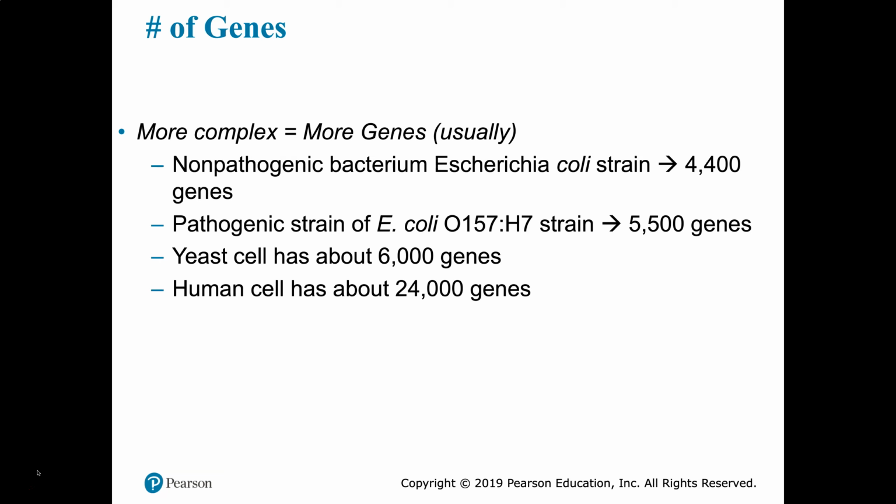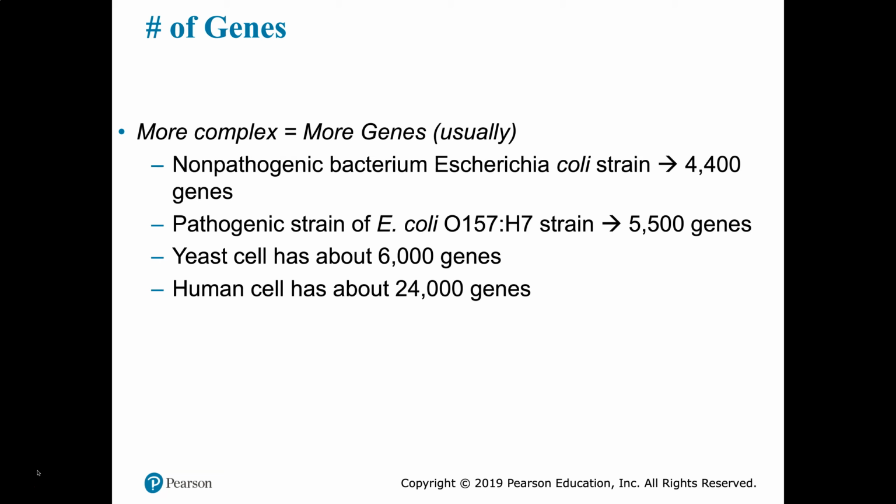And we can assume, since they probably have the same 4,400 genes as the non-pathogenic, those 1,100 that it has on top of the original 4,400 are probably associated with pathogenicity in some form, meaning they're associated with the reason why the organism is disease-causing in some way. Maybe not all of them, but I'd say a good chunk. So you can see non-pathogenic versus pathogenic. Pathogenic ones have a bit more genes than the non-pathogenic.